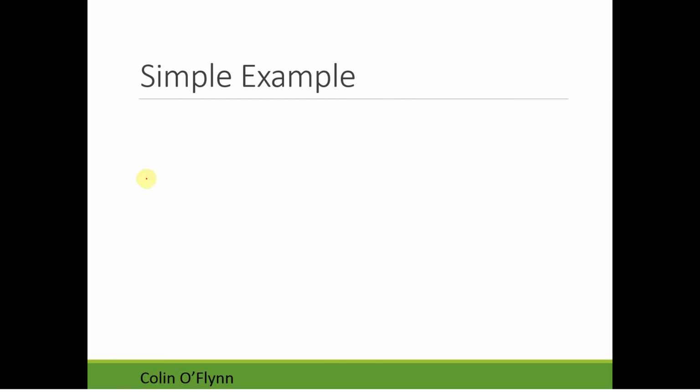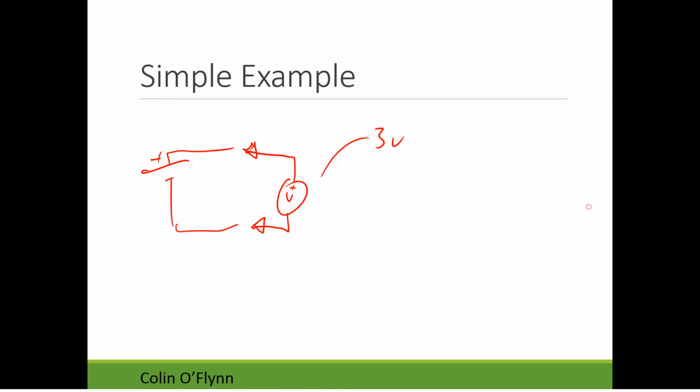So if we had a battery here, ideally you just have a voltmeter and you connect it to that, and it says 3 volts. That's the ideal solution. In real life, it might not be that simple.